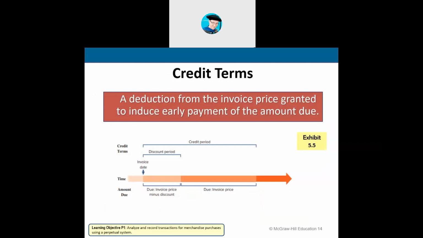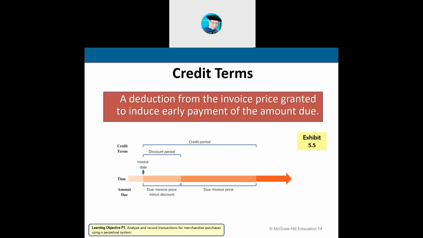So the credit terms are only available for a specific amount of time. Now, when that time lapses, this just shows you in another graphical way. We take the deduction off of the invoice price, right? So in other words, I'm Macy's. I buy a bunch of red shirts. Let's say I bought 5 red shirts at $2 apiece. That's $10.